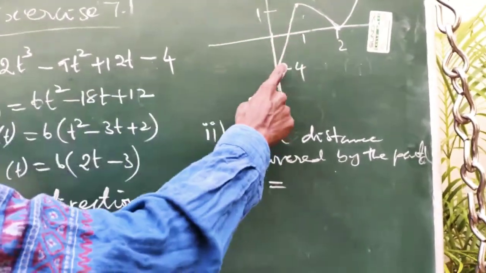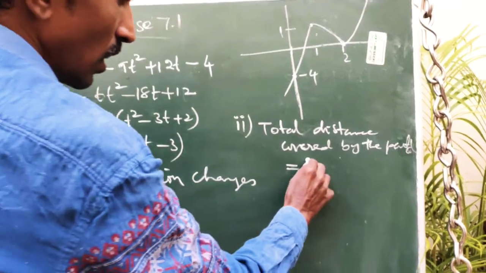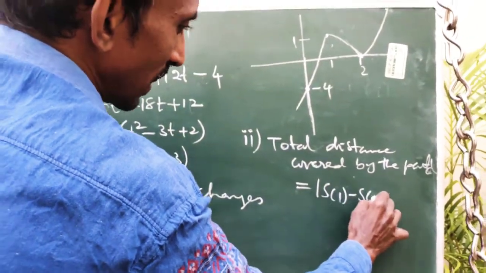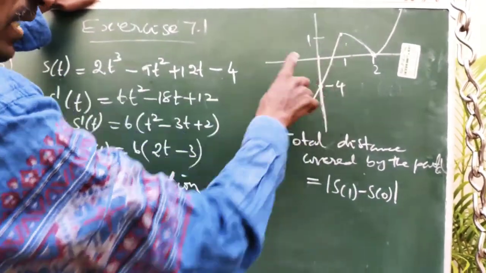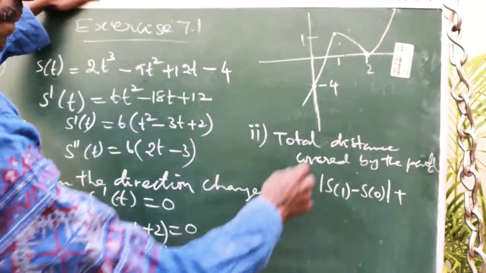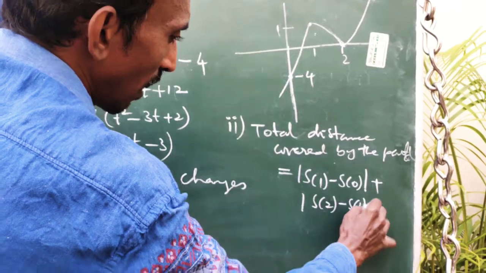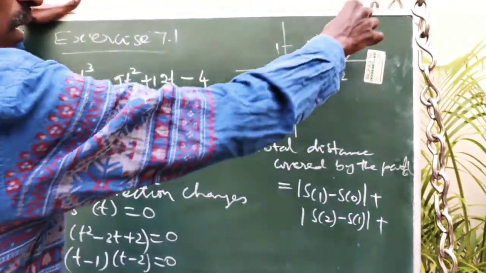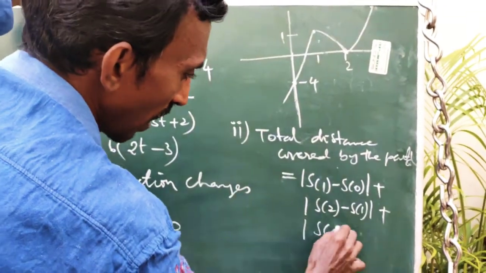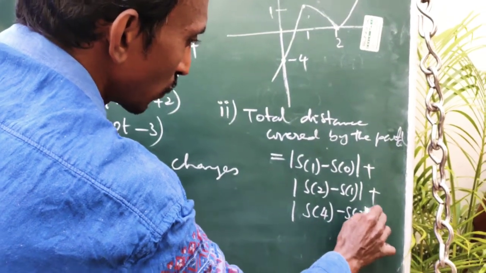First, final minus initial, so s of 1 minus s of 0. Plus the same, final minus initial, s of 2 minus s of 1, plus again final minus initial, s of 4 minus s of 2.